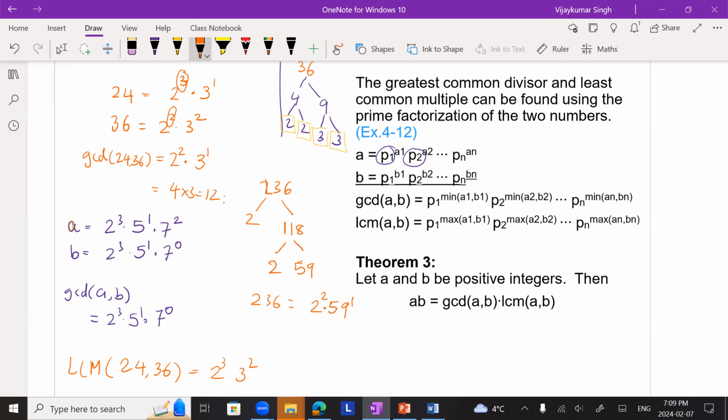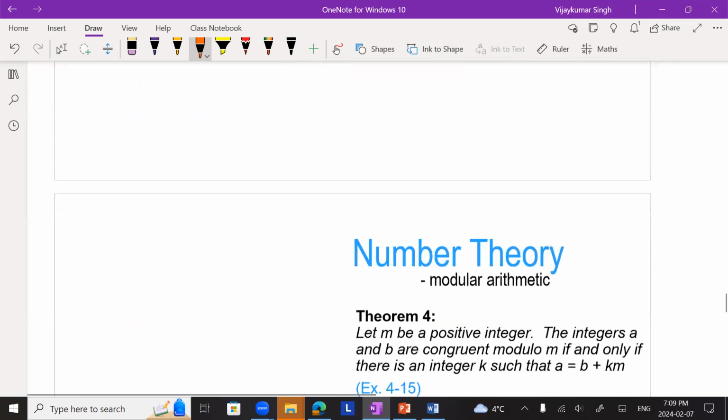Whatever power of 2 divides 36 should also divide this LCM. That means the maximum of their powers will divide the LCM. That is the logic behind why we have max for the LCM and min for the GCD.